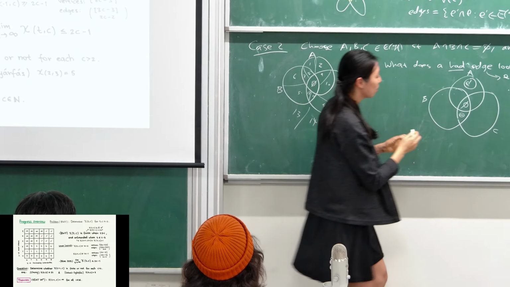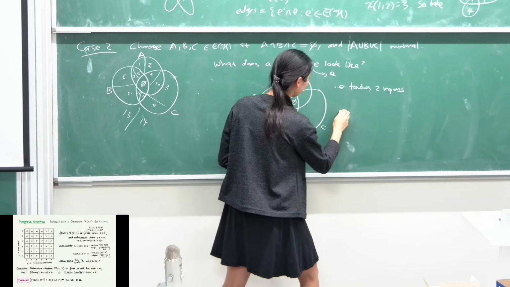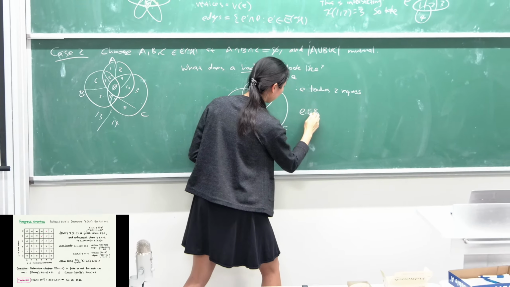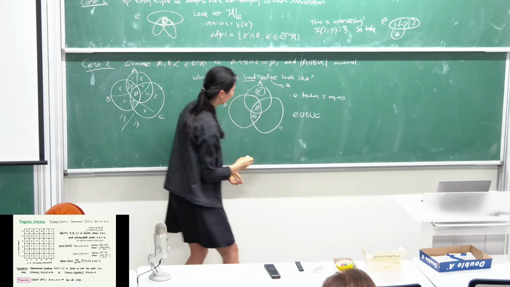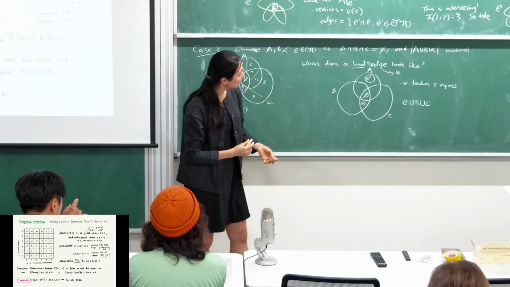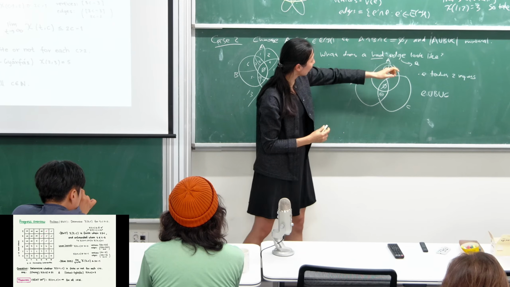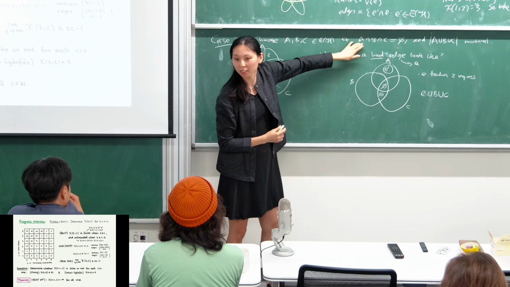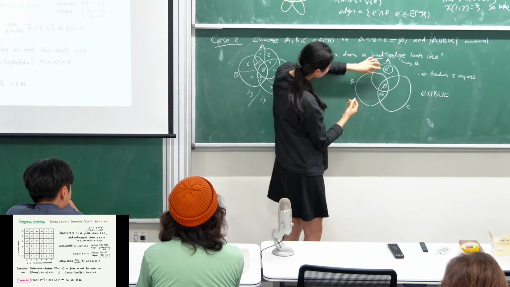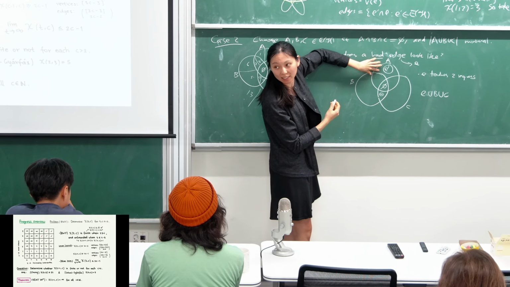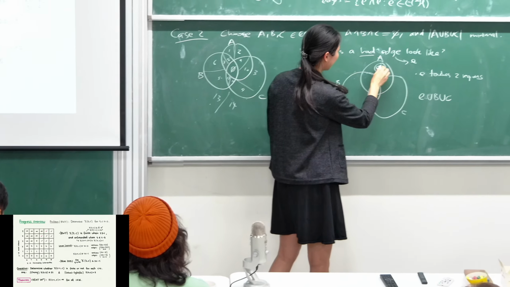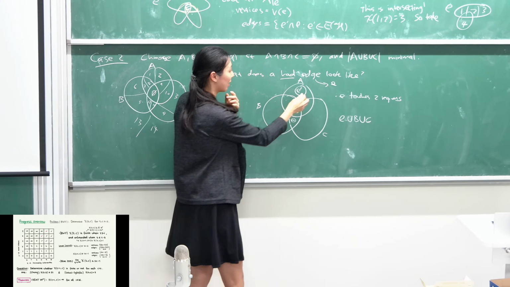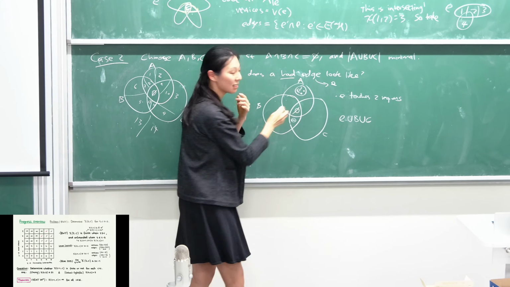And now I claim that actually, if I look at E intersect B, E union B union C, then this is a smaller triple which still has empty intersection. Right? So to see that, I just need to show that I missed some vertex here, but I know that, so E prime, this E intersect A, is 2 intersecting, so there are at least 2 vertices inside here.